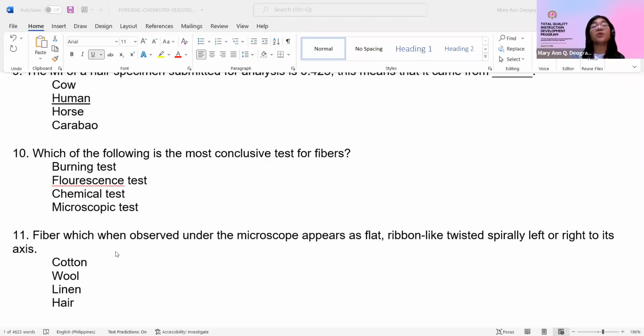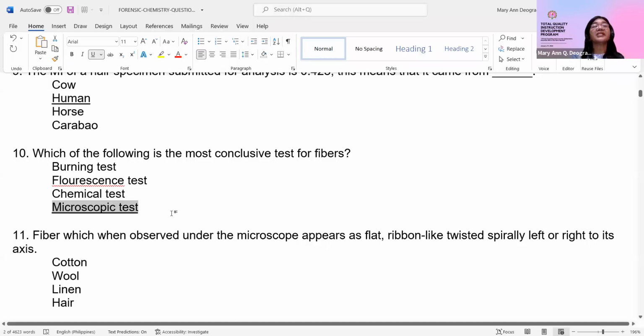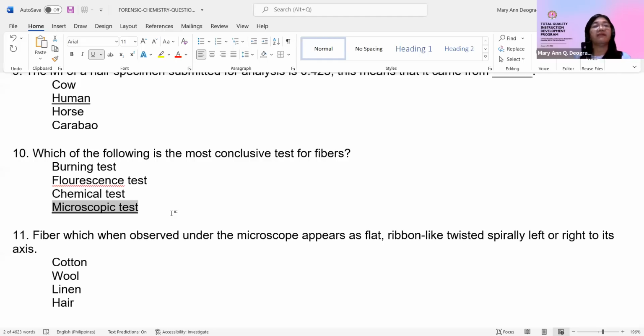Microscopic is the most conclusive because it can identify the specific characteristics of the different fibers, like for example cotton. It's only the microscopic test which can conclusively identify the different fibers. That's why it is referred to as the most conclusive.